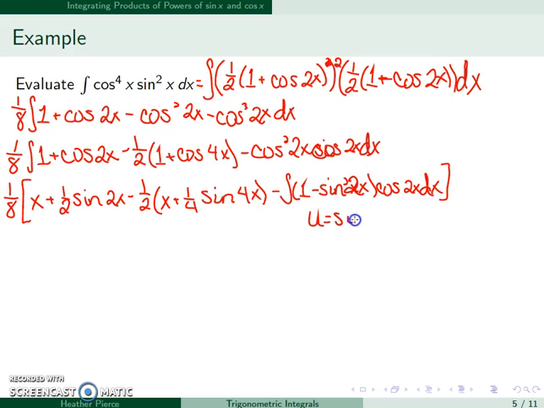I'll let u be equal to sine 2x, which means du, the derivative, would be 2 cosine 2x dx.